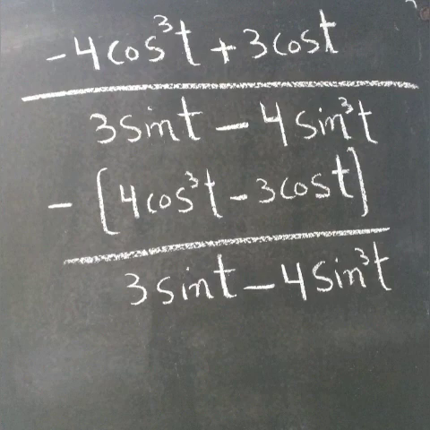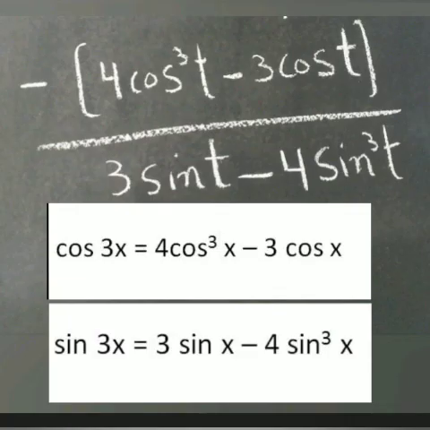Since we know that cos of 3x is equal to 4 times cos cube x minus 3 times cos of x, and sine of 3x is equal to 3 times sine of x minus 4 times sine cube of x. Now use these two trigonometric identities in dy by dx.